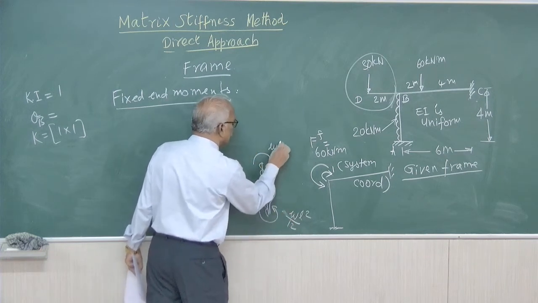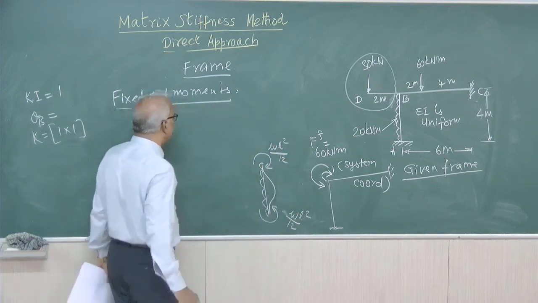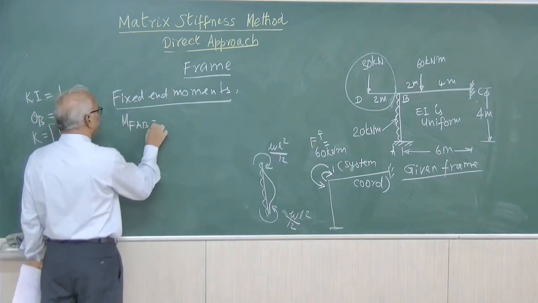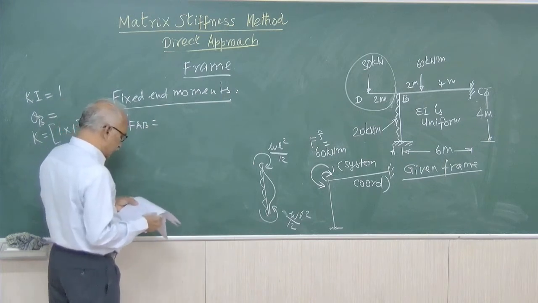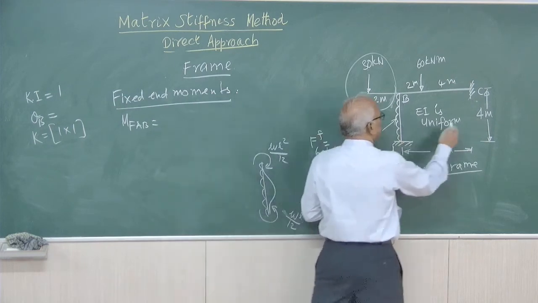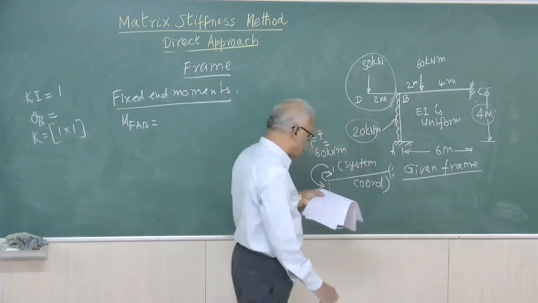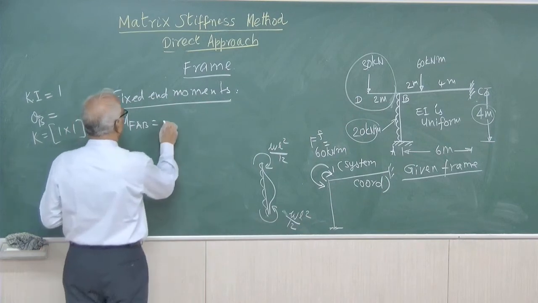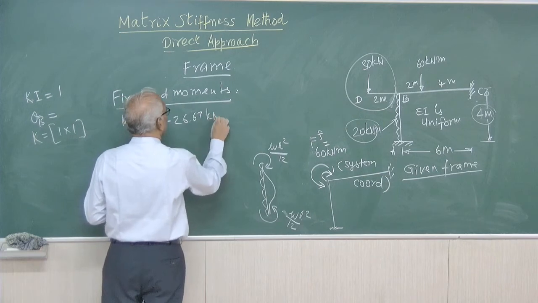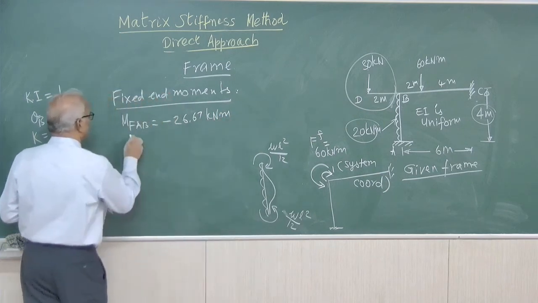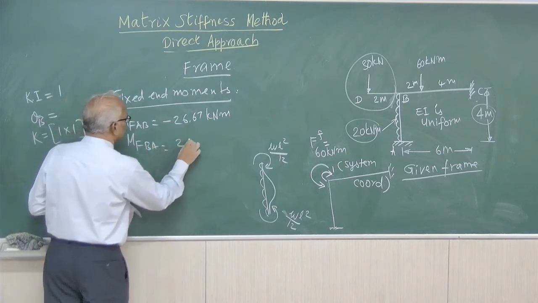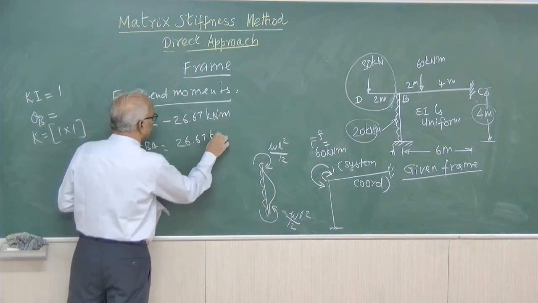This is also W L square by 12. So M of AB equal to minus W L square by 12. W is 20, L is 4 meters. So 20 into 4 square by 12 will be equal to minus 26.67 kilonewton meter. So these calculations I am just skipping. M of BA will be equal to plus 26.67 kilonewton meter.